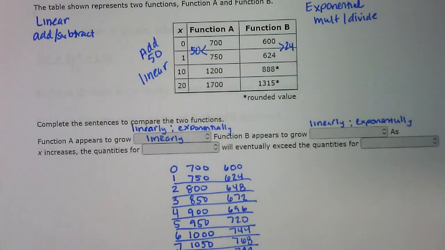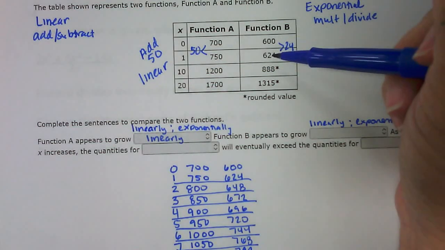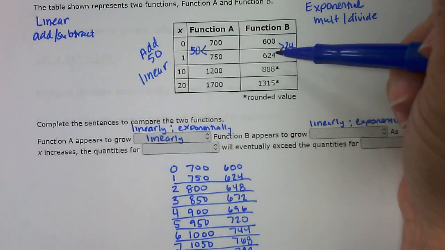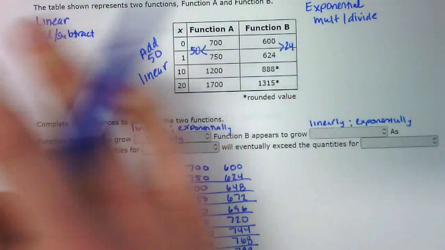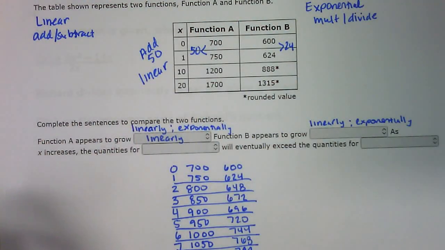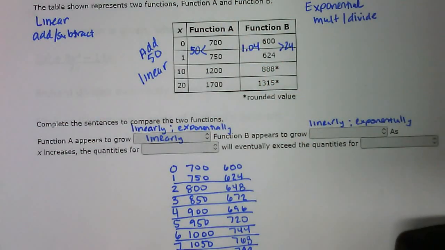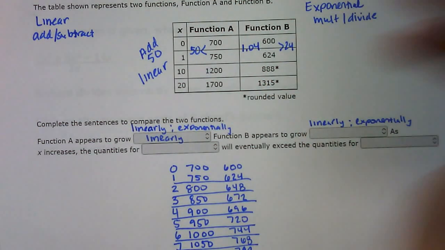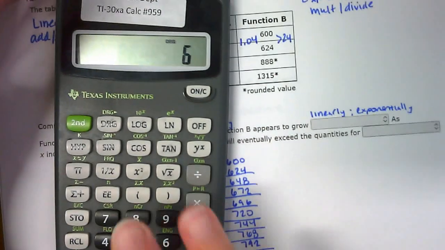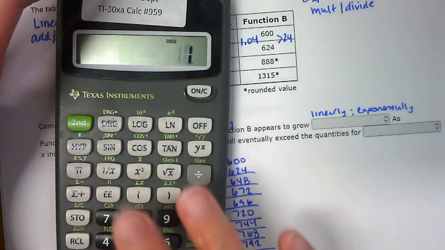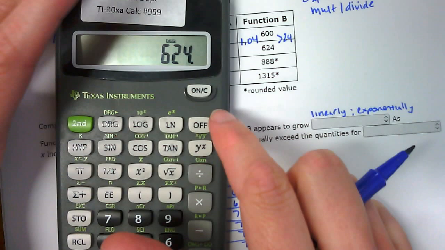If I wanted to double check, to figure out what number you're multiplying by, you work backwards. You say 624 divided by 600, and I get 1.04. So that's the number I would multiply by. See how that works? If I do 600 times 1.04, it gives me 624.